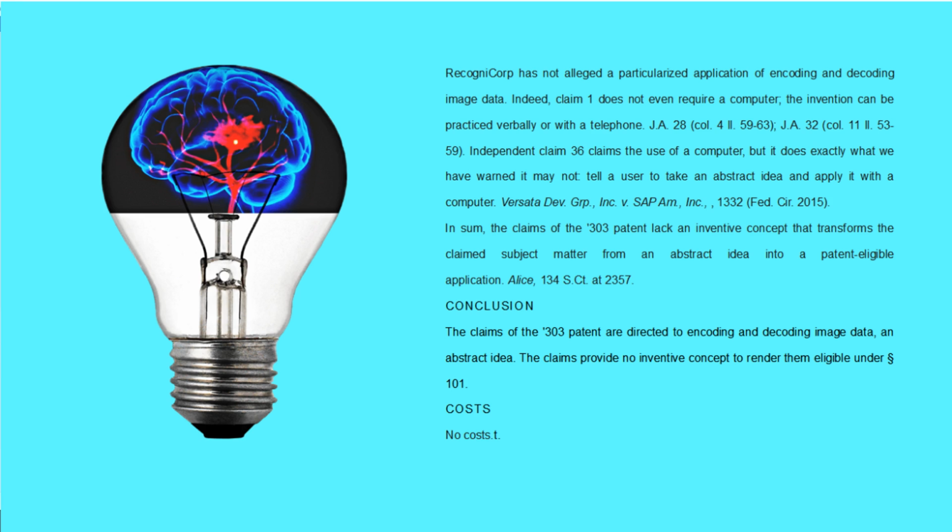In sum, the claims of the 303 patent lack an inventive concept that transforms the claimed subject matter from an abstract idea into a patent-eligible application. Alice at 2357. Conclusion. The claims of the 303 patent are directed to encoding and decoding image data, an abstract idea. The claims provide no inventive concept to render them eligible under Section 101. Costs. No costs.